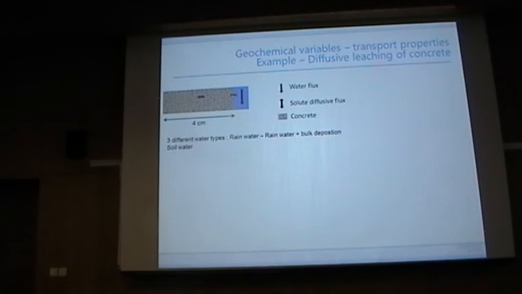And if you do pure batch type simulations, the soil water is the most aggressive water for leaching out your concrete. So leaching out concrete means removing the calcium from the portlandite. And the last water is the most aggressive one, because it not only dissolves the portlandite, but it also precipitates calcite, and so the dissolution reaction of portlandite goes fast.